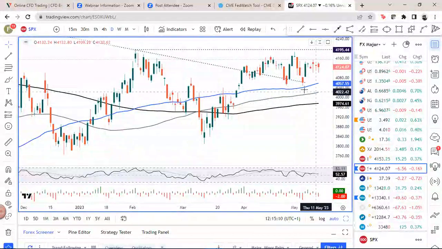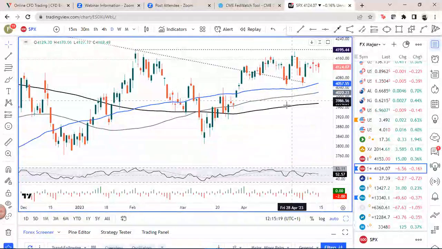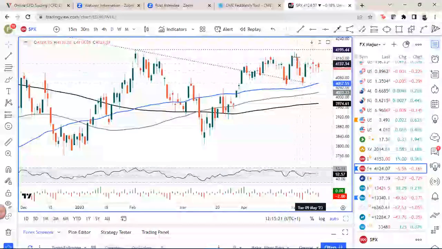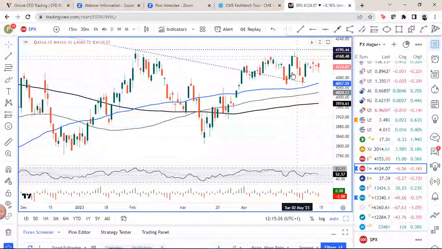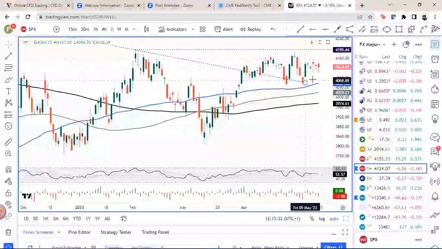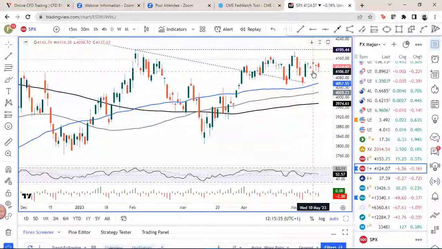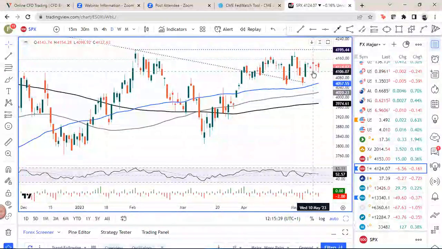So big support around these levels, and then the recent lows from late April and the start of May around 4,048. We're tracking sideways, with big resistance above around 4,200 and quite strong support just above 4,000, waiting for probably the debt ceiling drama to resolve itself.